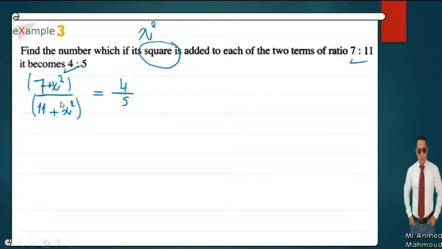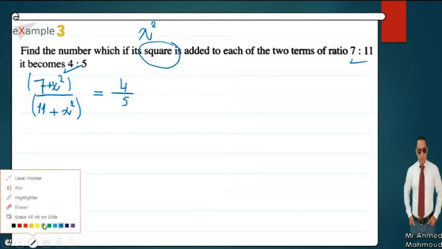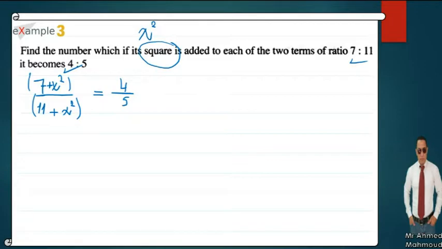Now I will simplify this one by cross multiplication: 7 plus x² times 5 and 11 plus x² times 4.